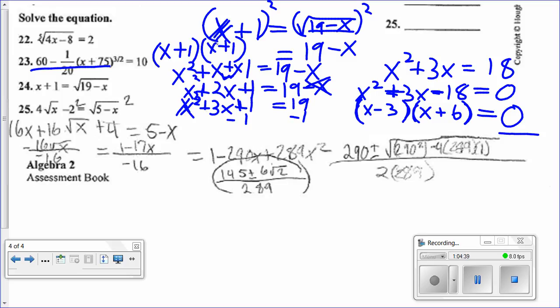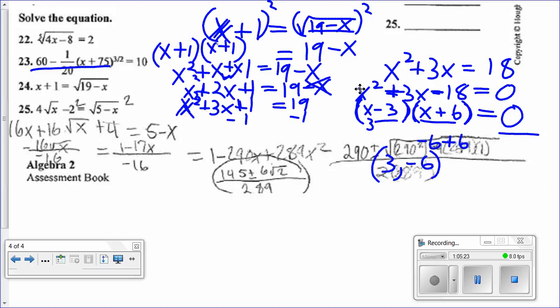So if x is 3, 3 minus 3 is 0, and 0 times this equals 0. But x should also be able to be negative 6, because negative 6 plus 6 equals 0, which would be multiplied times this. So our roots could be 3 and negative 6.